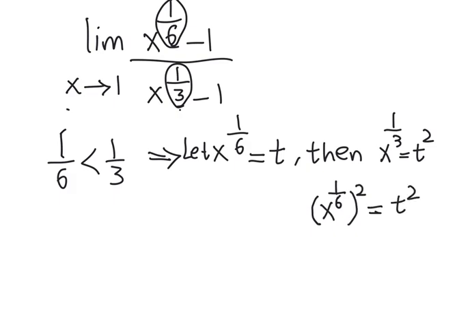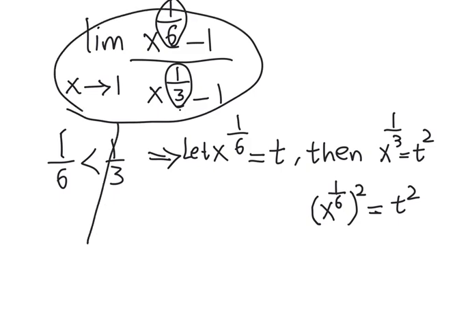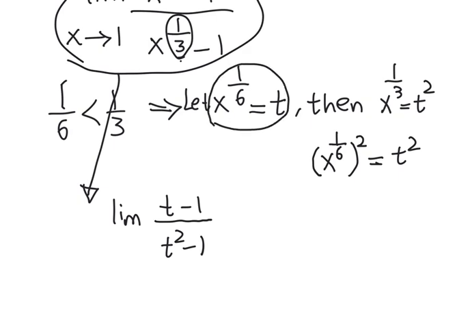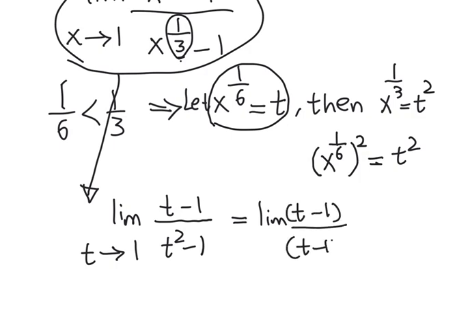Okay, let's rewrite this fraction. This limit is the limit of t minus 1 over t squared minus 1. Because x goes to 1, t also goes to 1, because t is equal to x to the power of 1 over 6. So t goes to 1, equals the limit of t minus 1 over t minus 1 times t plus 1 as t goes to 1.